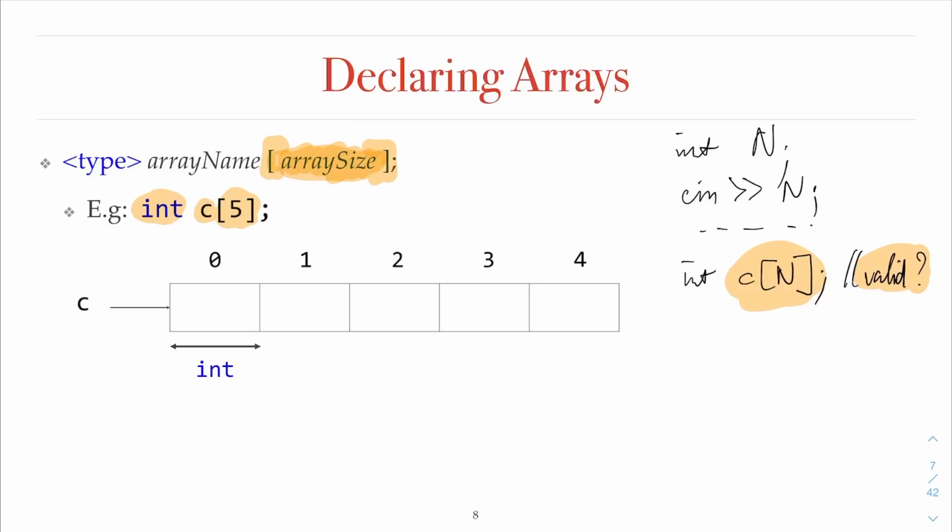Because this is a static array, everything needs to be allocated at compile time. Therefore, the number here must be specified at compile time.